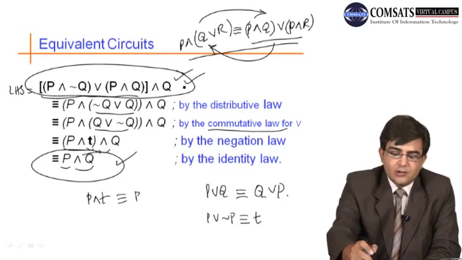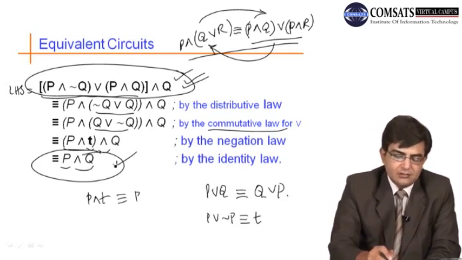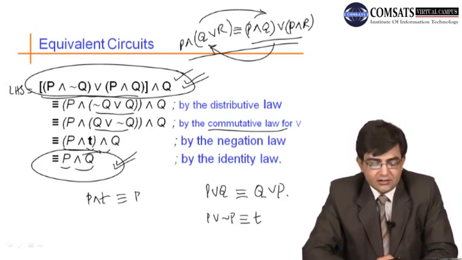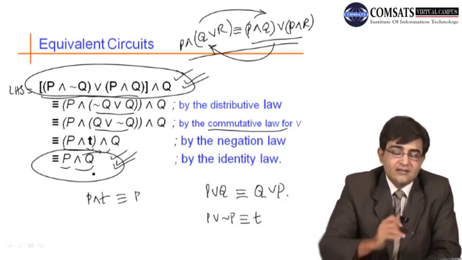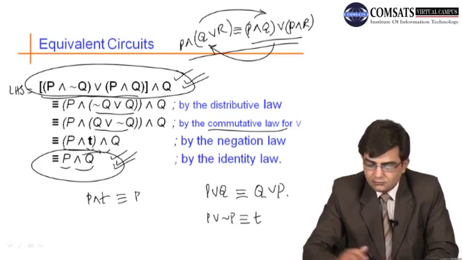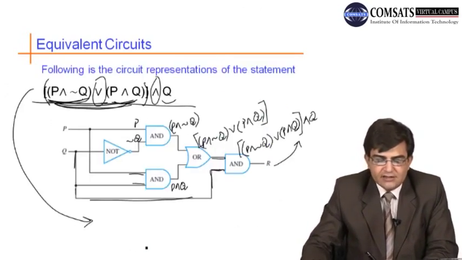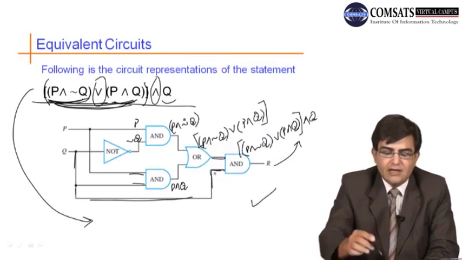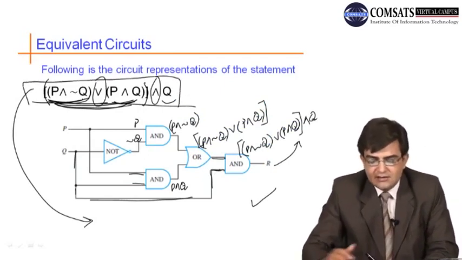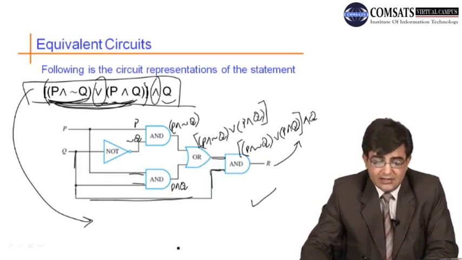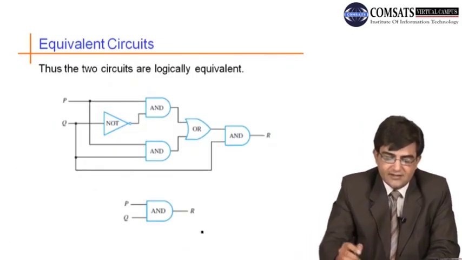So the circuit corresponding to this Boolean expression will be equivalent to the circuit given by this expression. The previous circuit which we constructed from this Boolean expression is logically equivalent to this circuit.